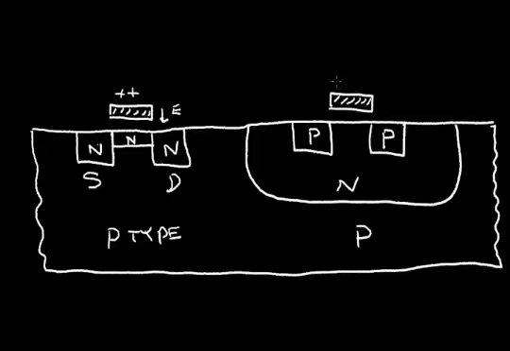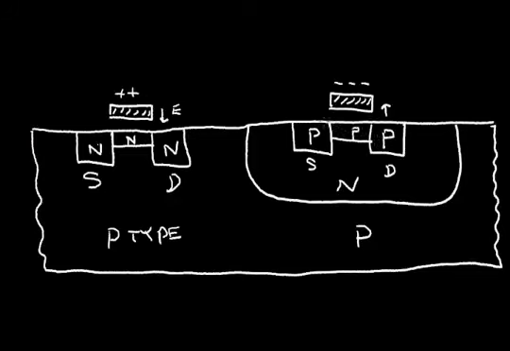Now if I make this electrode negatively charged relative to the source and the drain, I create an E field in this insulator region, and I attract p-type material to the surface here. So this causes conduction between the source and the drain.